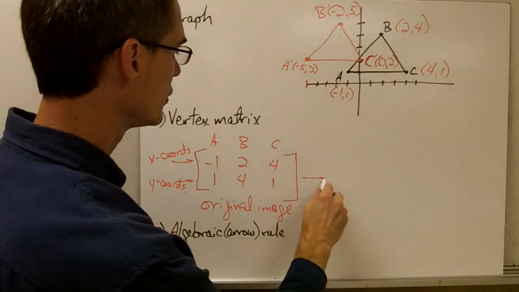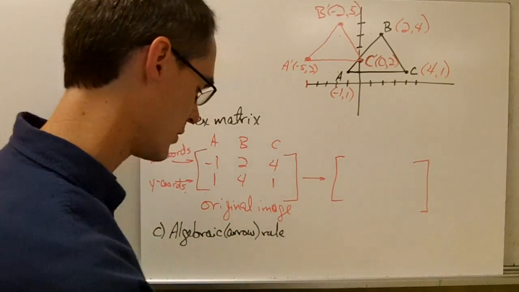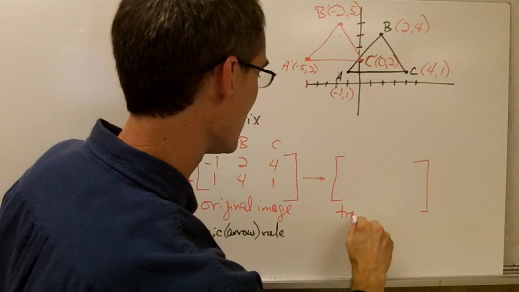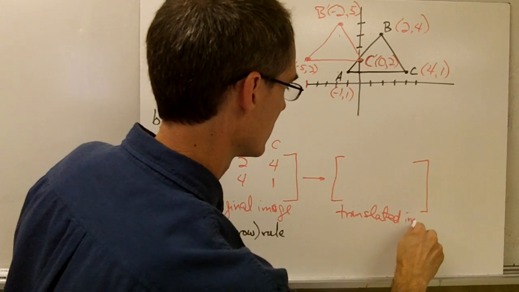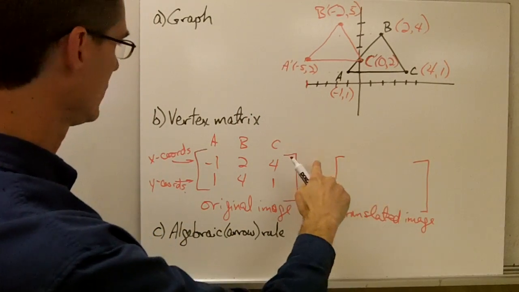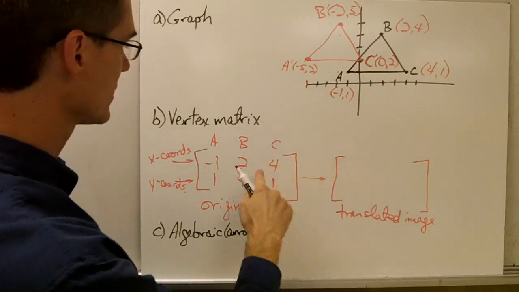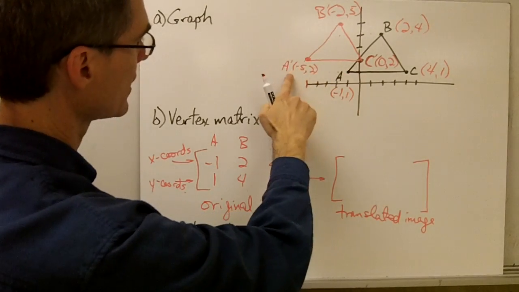Now I want to translate this image into my new image, my translated image. So I want to write a new matrix in which I've got the coordinates of my translated image. Well, I have those coordinates right here.